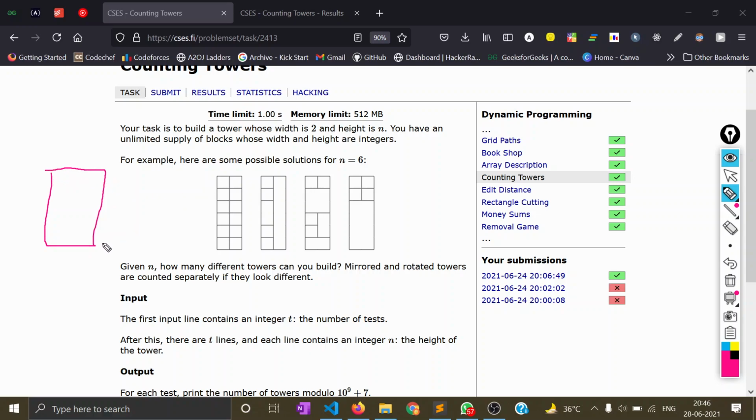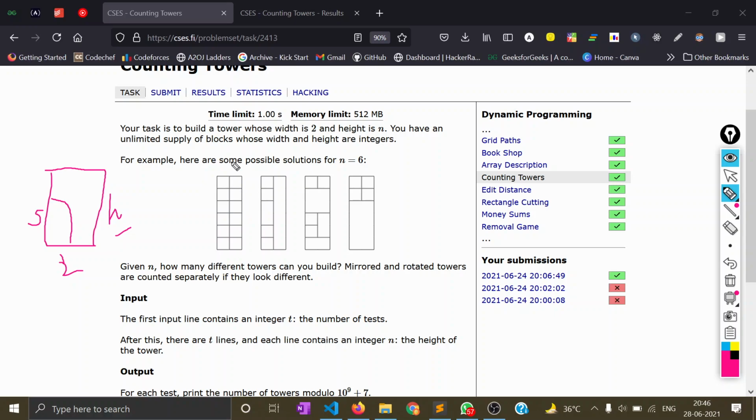What they want is a 2 cross h height tower, and they don't care what type of bricks you use to construct that tower. They can be bricks of 1 cross 5, 1 cross 6, as long as they are getting a tower of height h, they don't consider anything else.